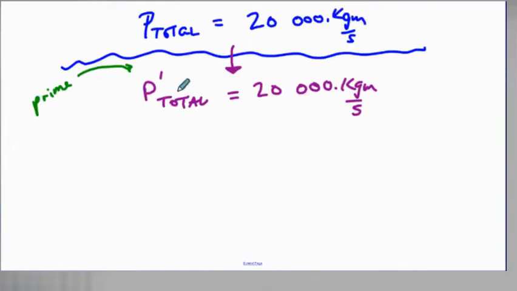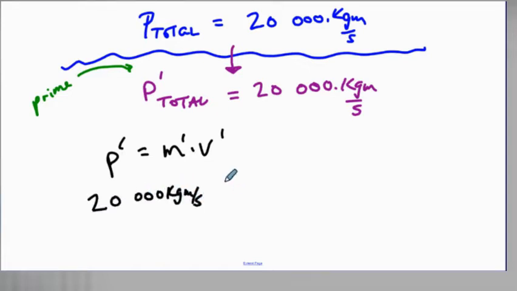So now what we know is that our momentum law hasn't changed. Our P prime equals the mass times the velocity, and I'm using the prime symbol again to represent that it's something happening after the collision. This 20,000 kilogram meters per second is equivalent to the mass times the velocity. What is the mass?